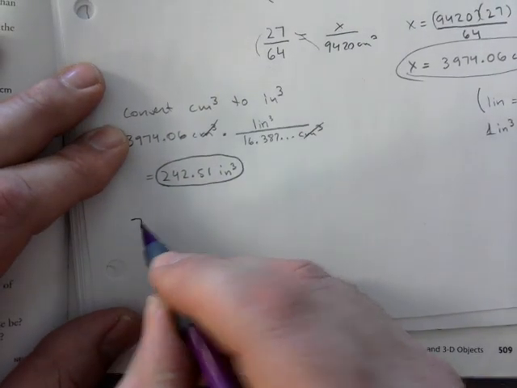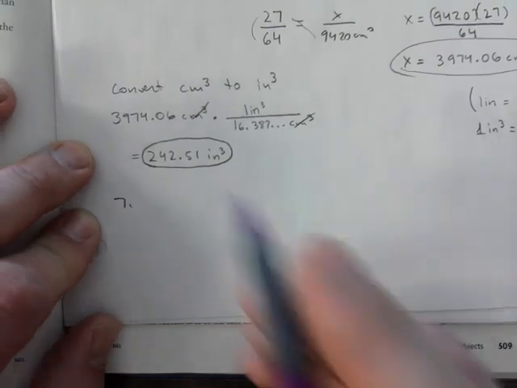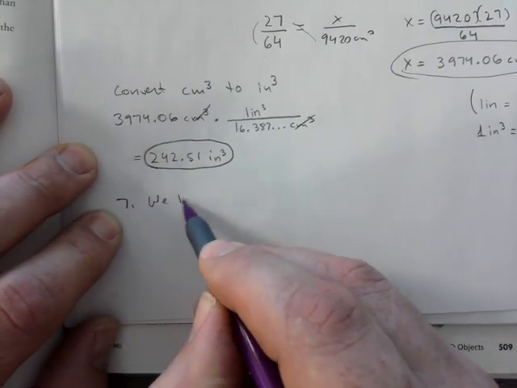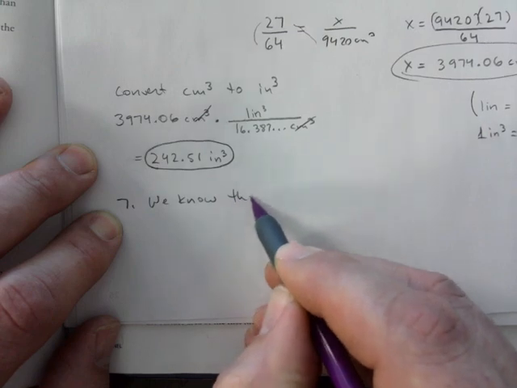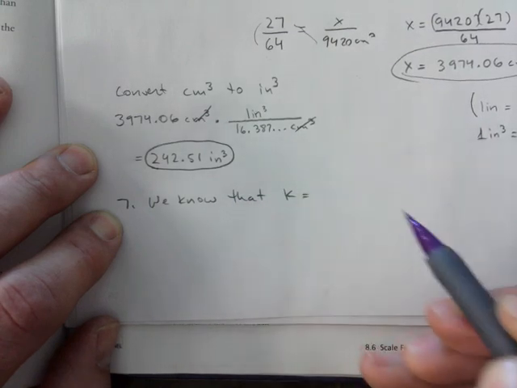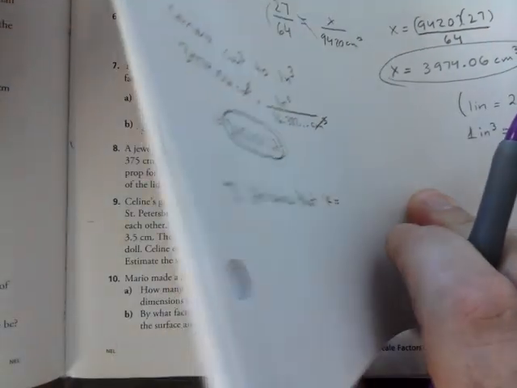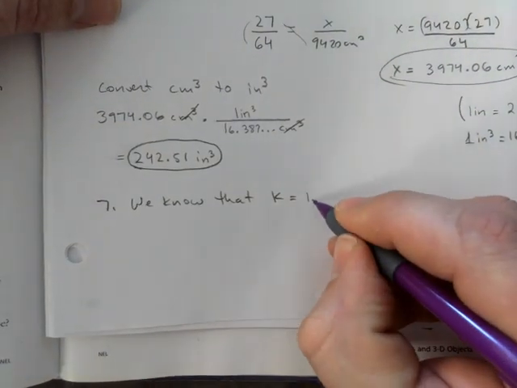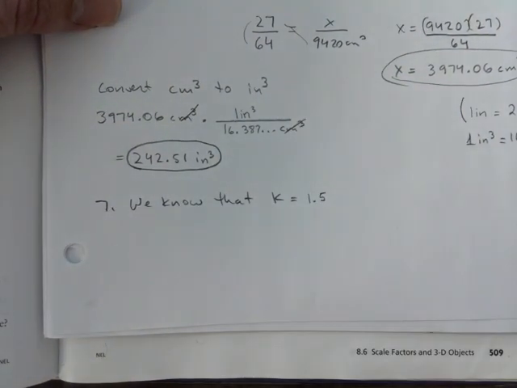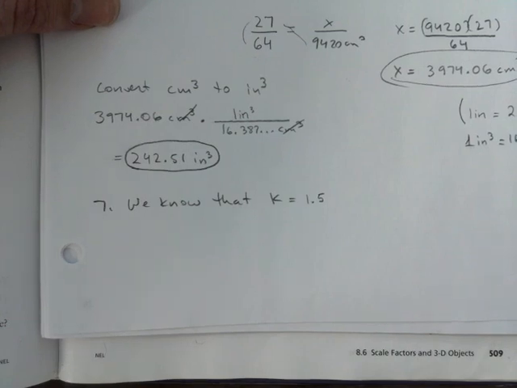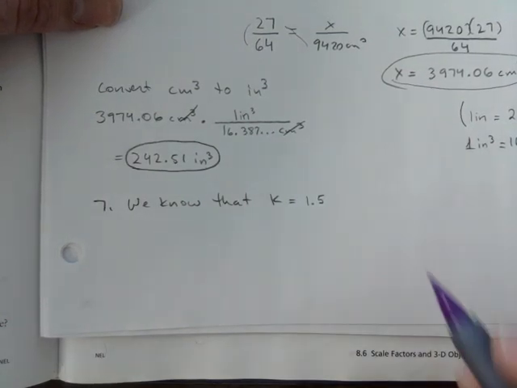Question 7. We know that k is, was it 1.5? Yeah, we know that k is 1.5. So the original has been increased. We know that because it's bigger than 1.